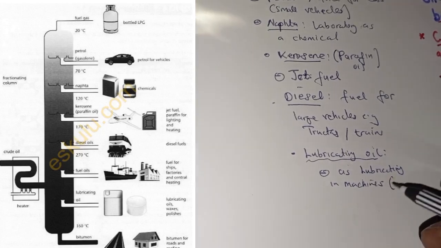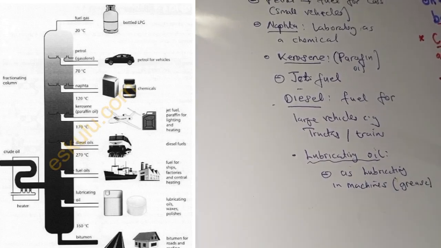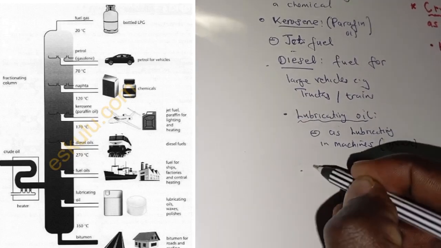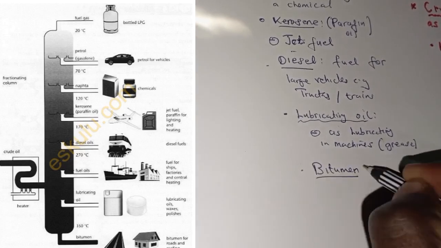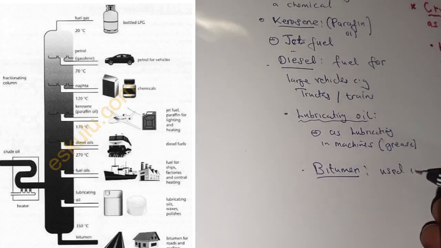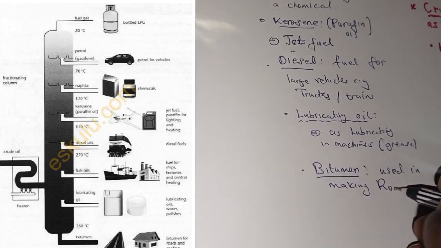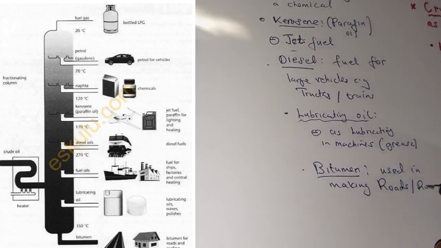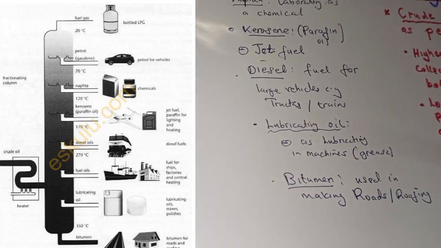I'm sure we have all heard of grease that we apply to the chains of a bicycle and other things. Then lastly, you have bitumen. This one is used in making roads, and also in roofing.